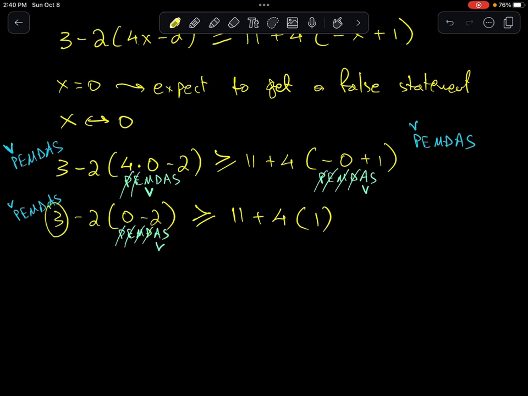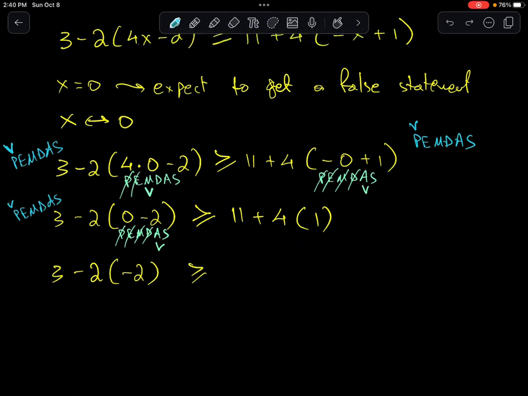And see what happens. 3 drops, negative drops, 2 drops, parenthesis drops. What's inside the parenthesis? 0 minus 2. Well, that's minus 2. 0 plus or minus anything is that same number that you try to add or subtract. And that's what happens on the left. The symbols drop. See what happens on the right now.